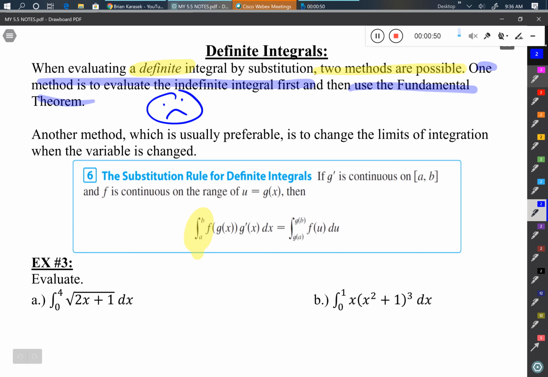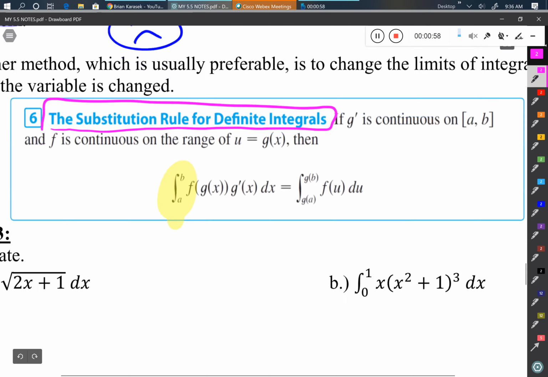All right, so let's take a look at what we're going to do. We are going to be using the substitution rule for definite integrals. Okay, so I'm going to zoom in on this.